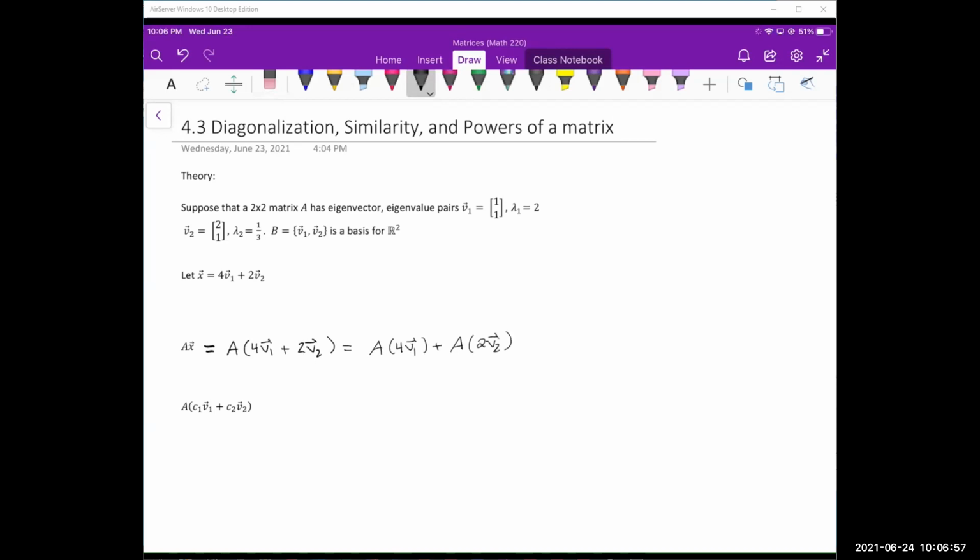And these are each eigenvectors. v1 and 4v1 are eigenvectors with eigenvalue 2, and v2 and 2v2 are eigenvectors with eigenvalue 1/3. So the first one is multiplied by 2, and the second, when we take A times 2v2, we get 1/3 of this.